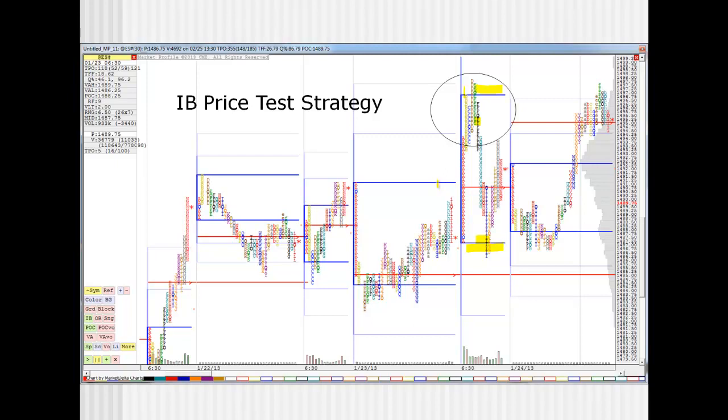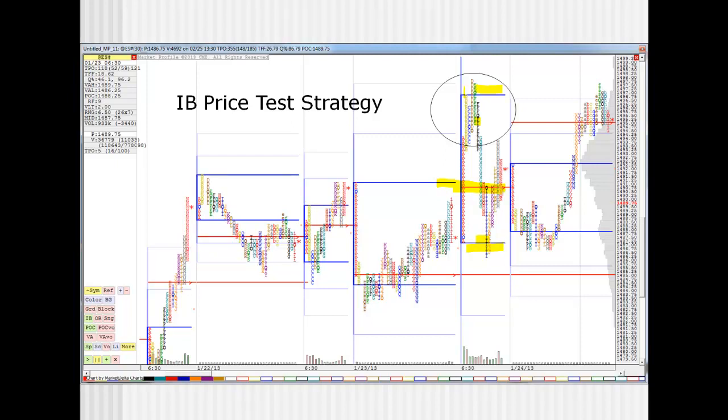As an intermediate target, since we had such a wide range, this would be a reasonable price level right here based on the initial balance high of the prior session. They're all interrelated. Nothing in the market is really operating in a vacuum.